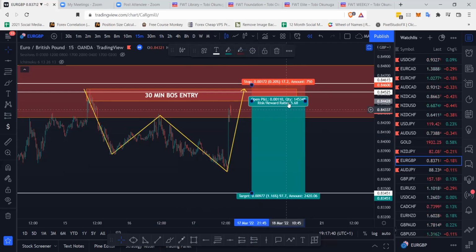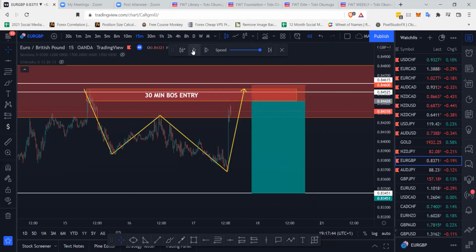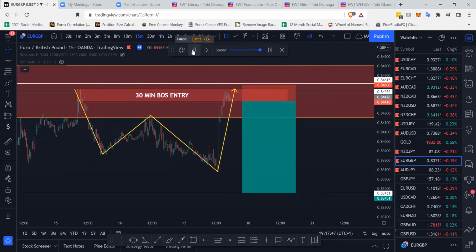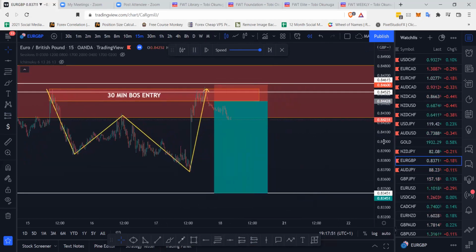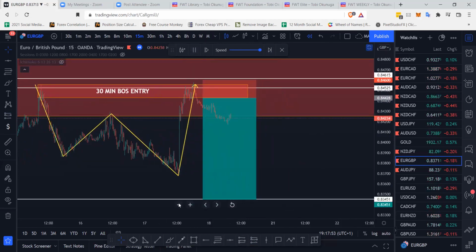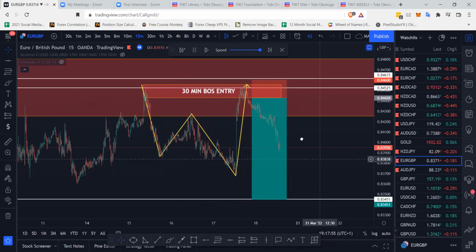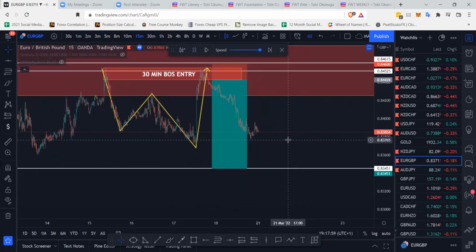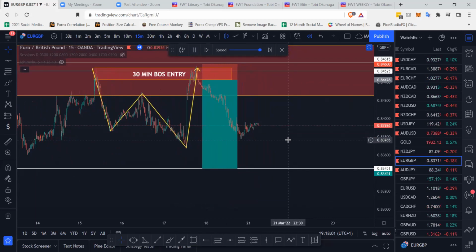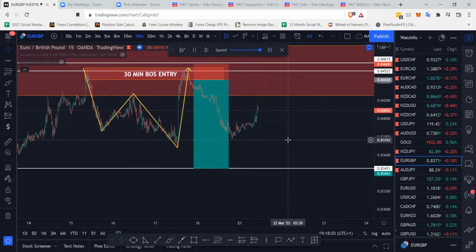So your risk to reward is 1 to 5, and the market played according to our setup. The trade is still ongoing right now. I'm still on this trade since last week. Just one trade, guys, has the potential to make you your profit target. You just need to follow the checklist.